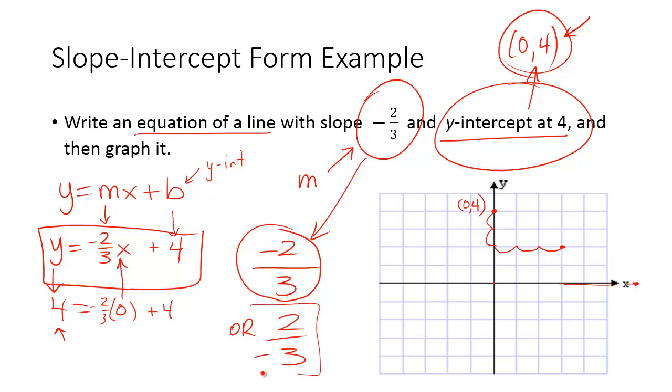Can someone translate this for me as down and up and right and left? The 2 over -3, someone else? Give it a shot. Up 2, left 3. You could rise 2 and left 3. The negative has to go somewhere. Does that make sense?